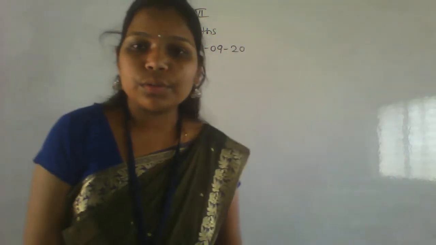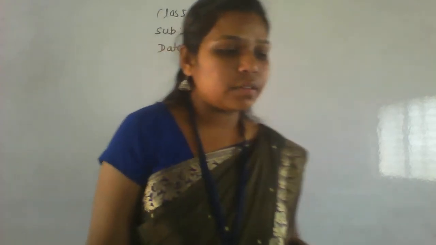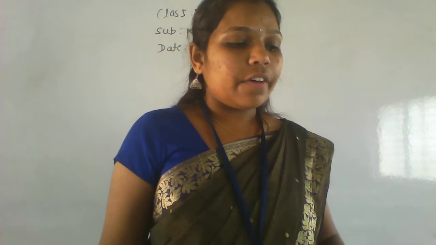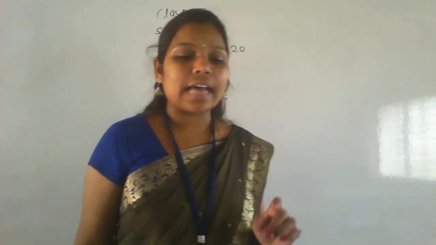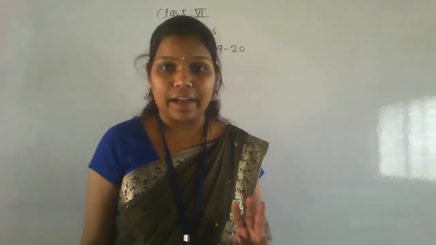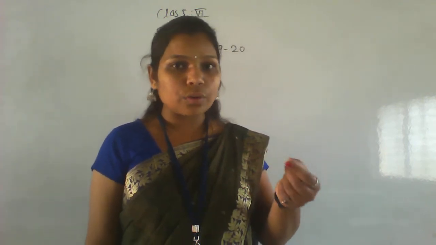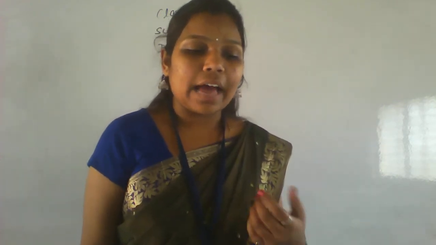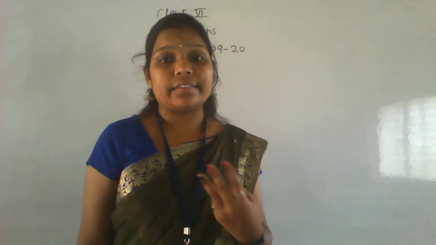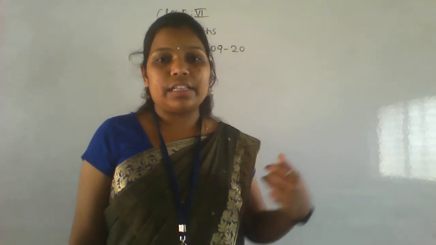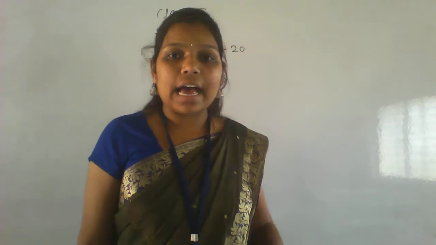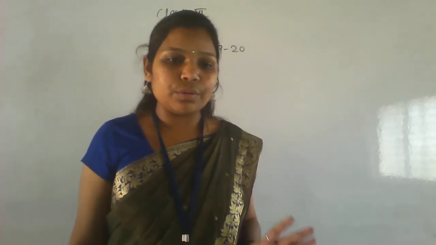Here we are solving the first question: which of these numbers have exactly 3 factors? First you have to write the factors, after that count the number of factors, then see which are having exactly 3 factors. Then you say this is having 3 factors and this is not, like that you have to write answers.